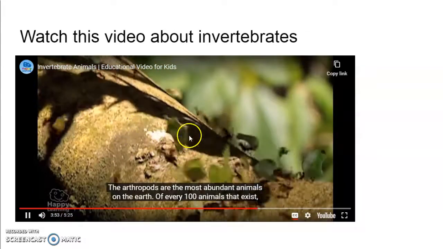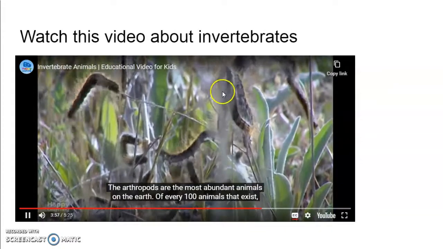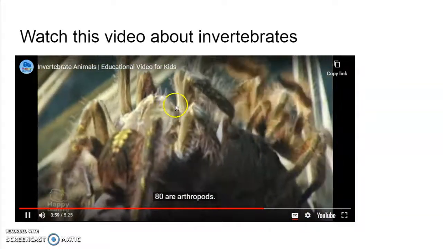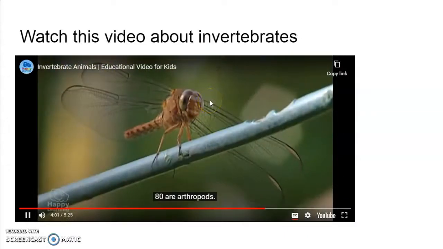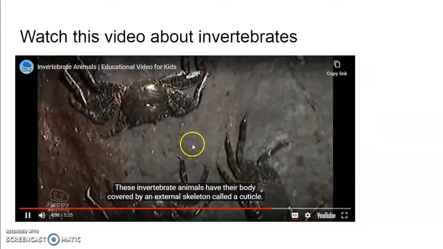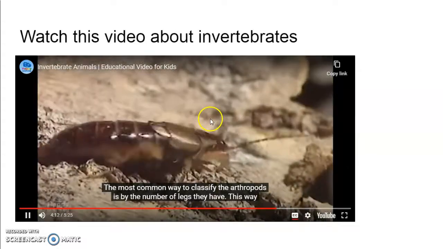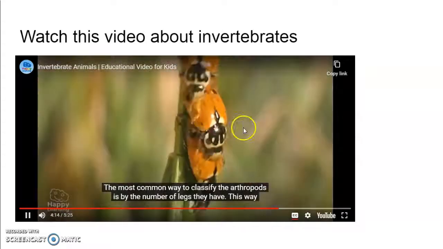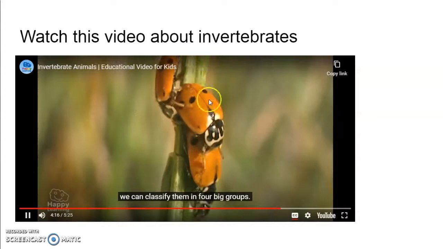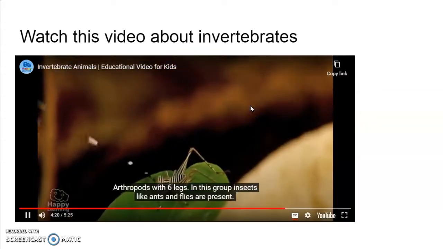The arthropods are the most abundant animals on the earth. Of every 100 animals that exist, 80 are arthropods. Look at These these. invertebrate animals have the body covered by an العناكب external والعقارب. skeleton called a cuticle. The most common way to classify the arthropods is by the number of legs they have. Look at these. This Also, way these we can are classify them in 4 big groups. invertebrates. Arthropods with 6 legs.